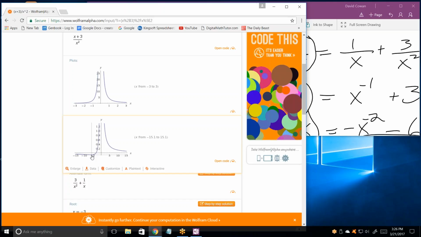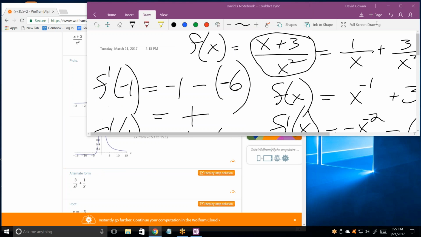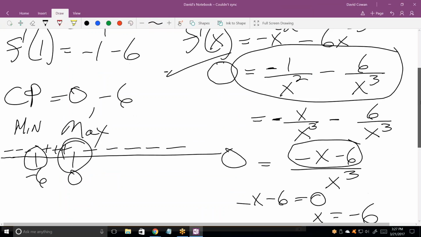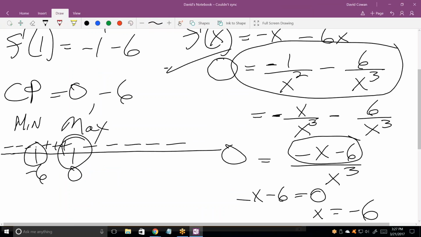You don't see it on the zoomed in graph above, but you do kind of see it on the bottom graph. And that's what we figured out, that I have a minimum at -6. That's what this said. I have a maximum at 0.